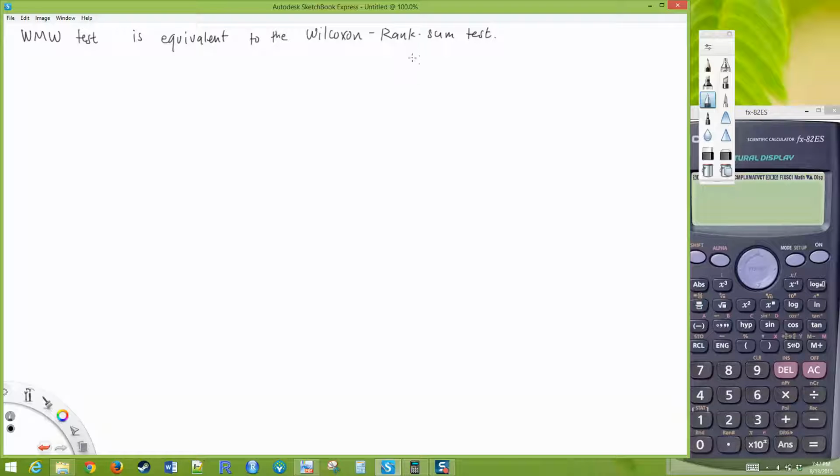R implements the Wilcoxon rank sum test, not the Wilcoxon-Mann-Whitney test. The Wilcoxon rank sum test is in R as, I think, wilcox.test. So if we put it into R, we'd get the same result. You use the same data, you just plug it into R, and you're going to get the same result.